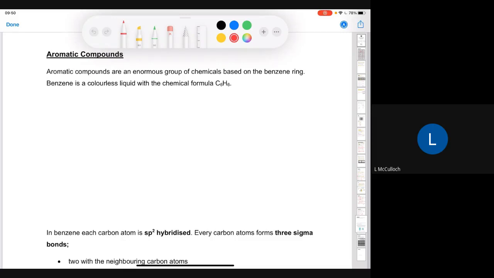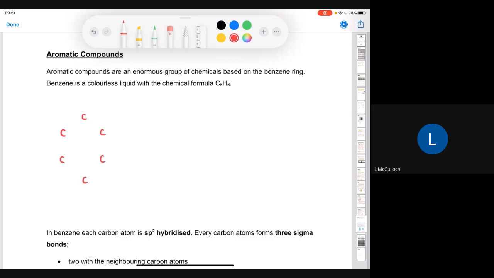So for this diagram, we've got 6 carbon atoms that I'm going to draw in a kind of hexagon shape.